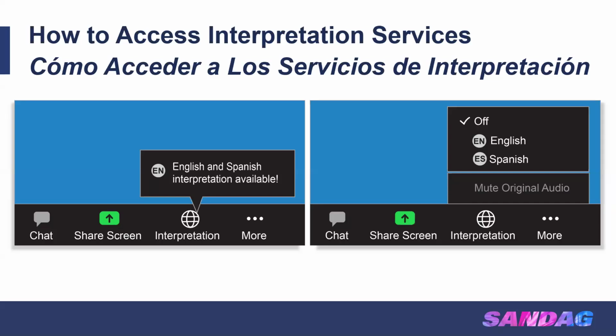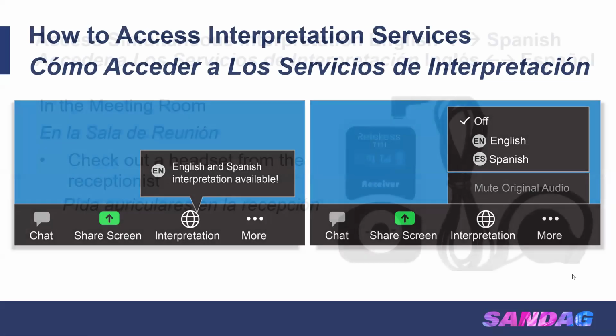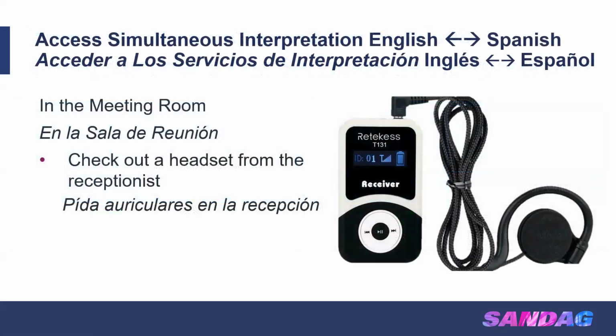If you are joining through the Zoom mobile app or on your cell phone, you can press the ellipsis, then interpretation, and then choose your language. Finally, click on the mute original audio next to be able to hear the original Spanish low in the background. Headsets are provided for interpretation. If you are in the meeting room, please check out a headset from the receptionist at the lobby.